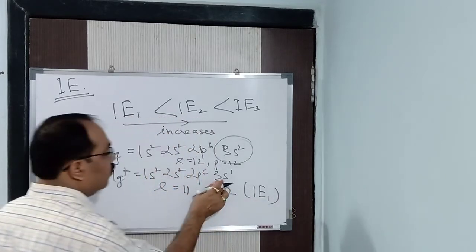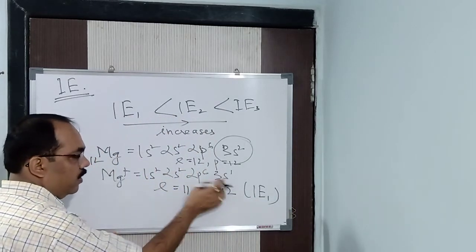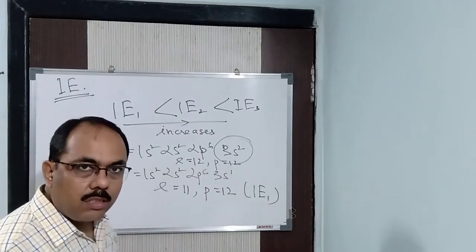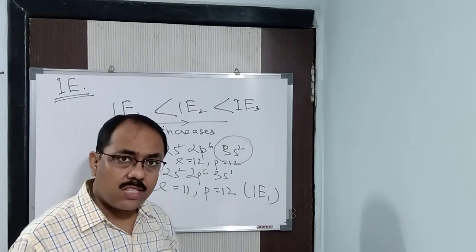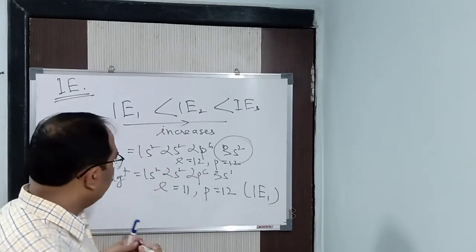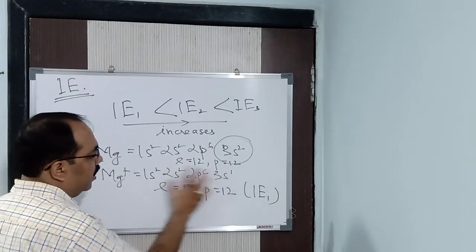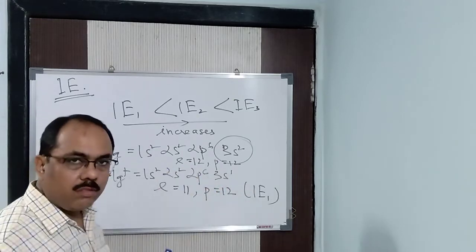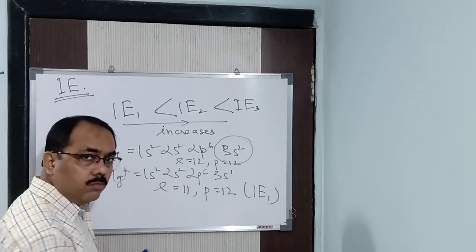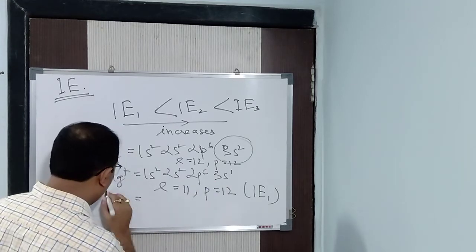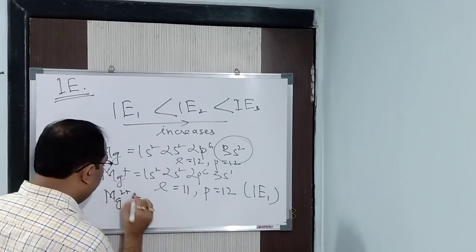Now if you want to remove the second electron, what will happen? You have to give more energy, because just now I explained. In the neutral state you remove one electron and you get the ionization energy. Now you want to remove this electron also. It becomes Mg2 plus.